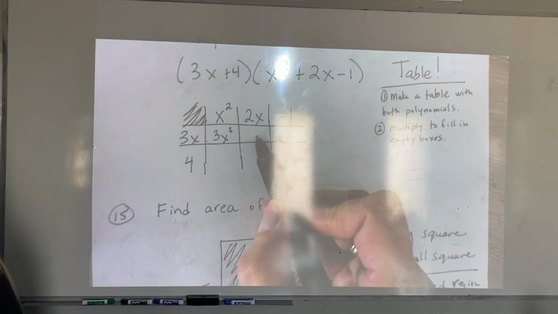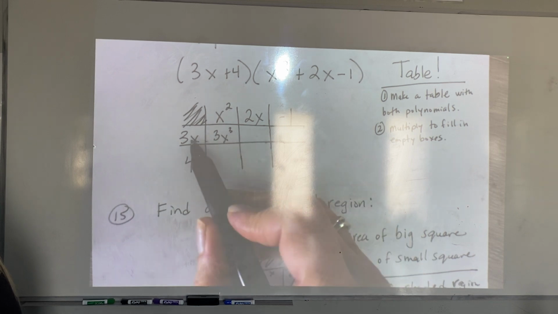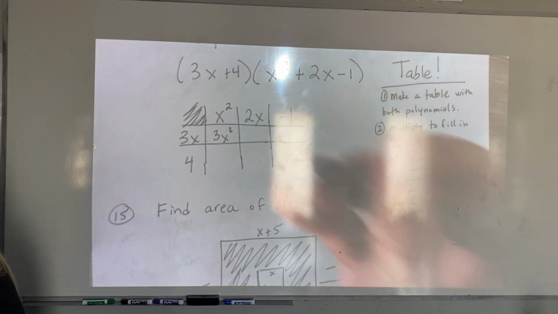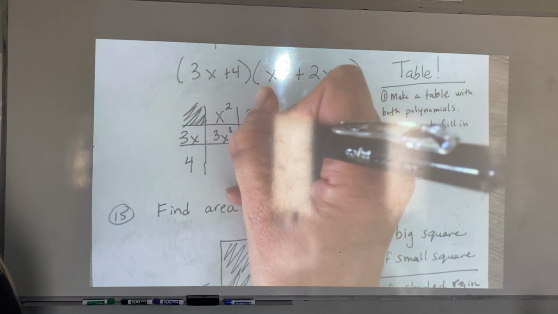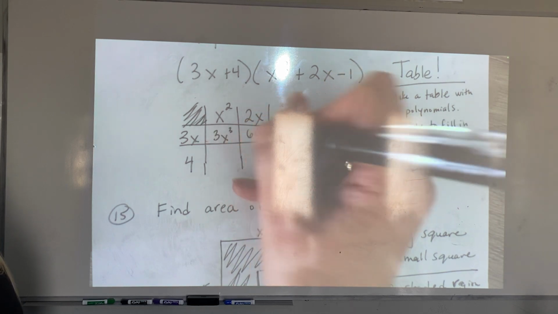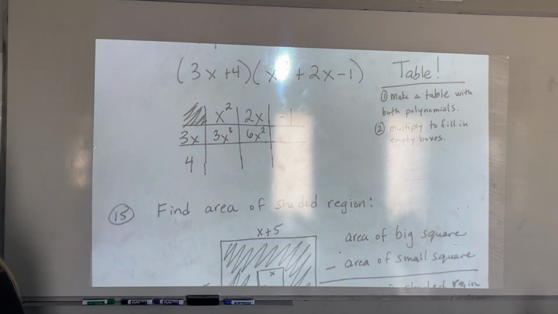Okay, this empty box requires us to multiply the 3x times the 2x. What's that? 6x. Nope. 6x squared. Very good. 6x squared. I think sometimes you guys get confused because your brain automatically tries to follow the rules of combining like terms, and then you leave the term the same.